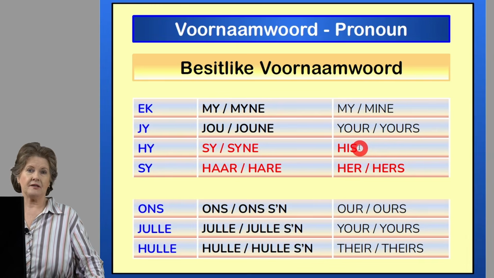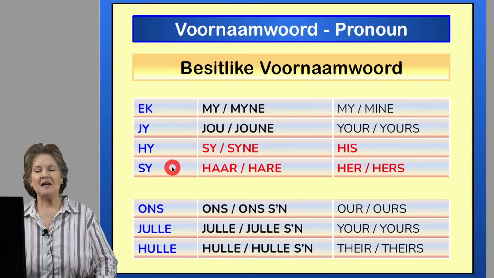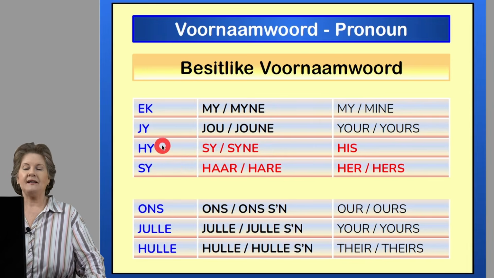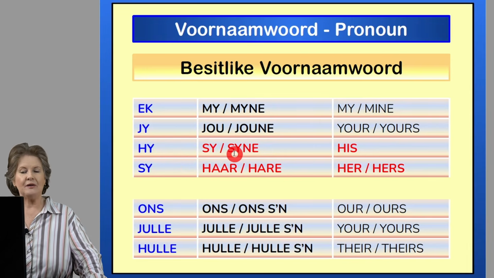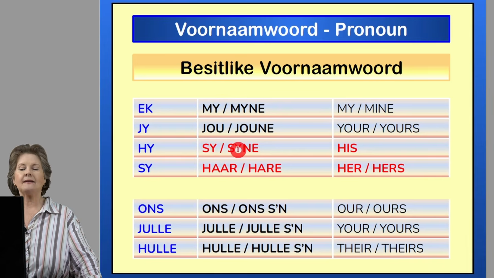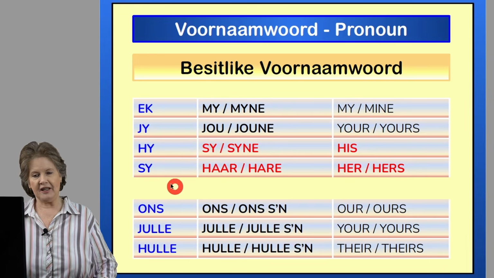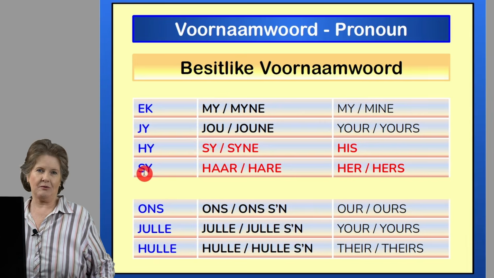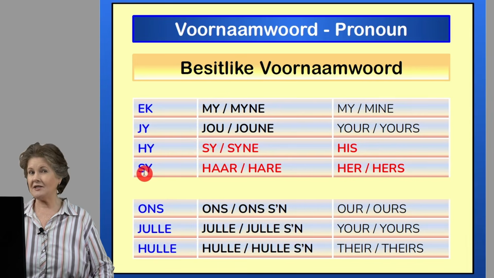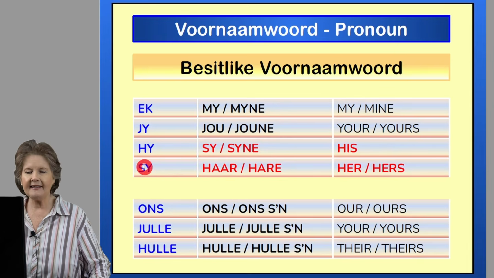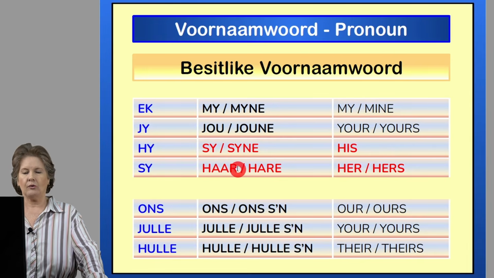Be careful of this one. So in other words, the word sy can mean she, or it can mean his. You must learn that if something belongs to a male, it will be sy as well. You cannot say sy trek sy rok aan nie. What you're saying is she is putting his dress on. Okay? It is sy trek haar rok aan.